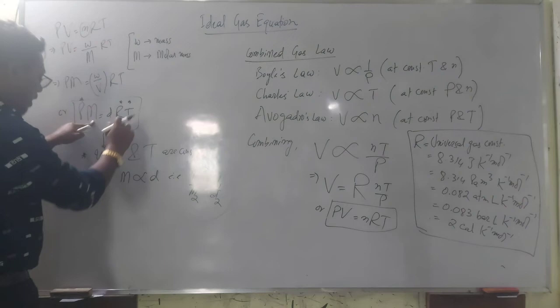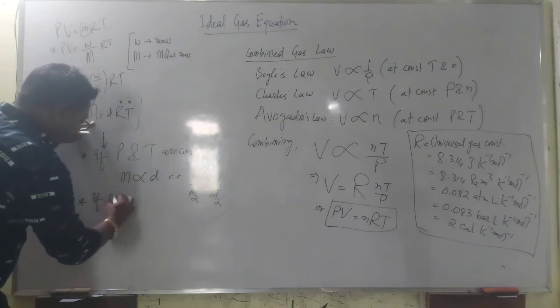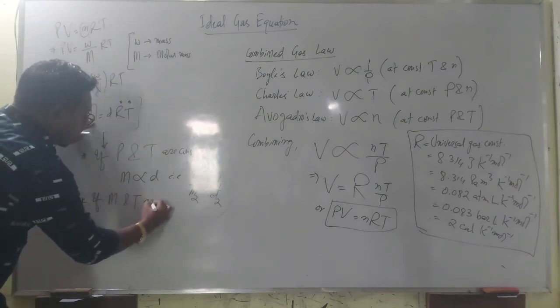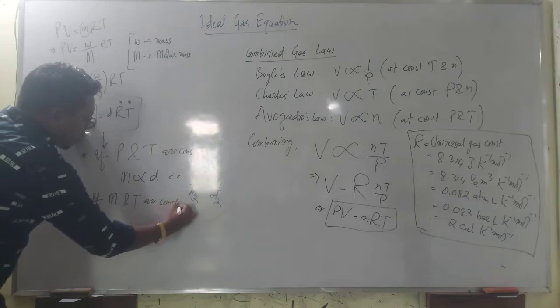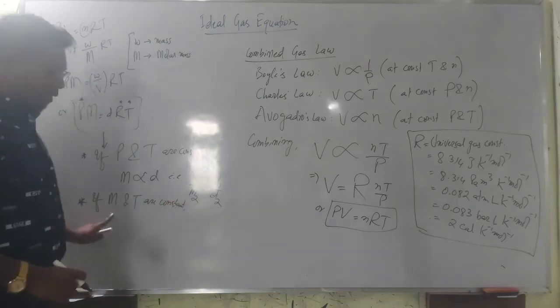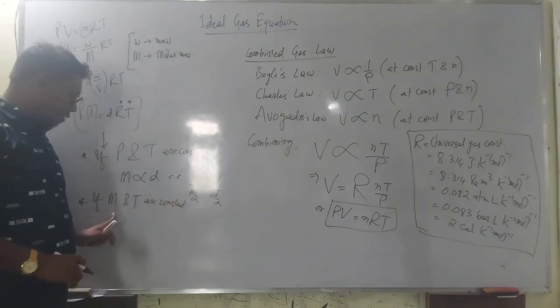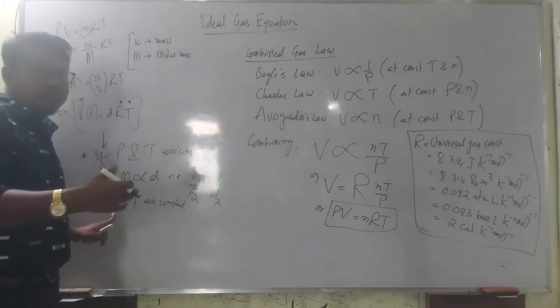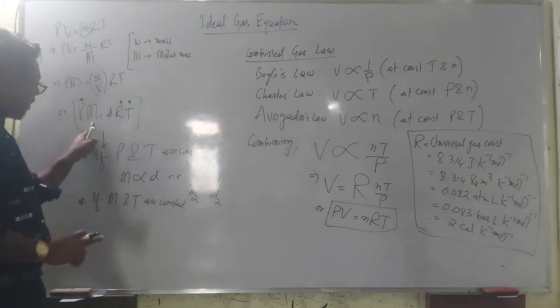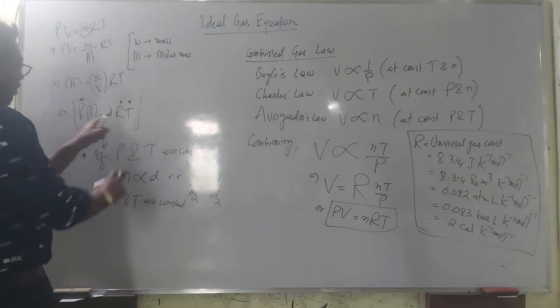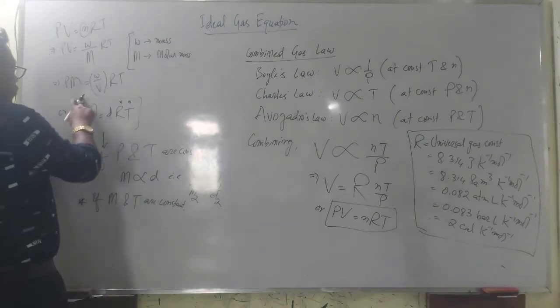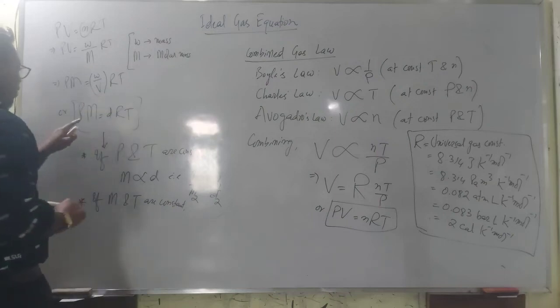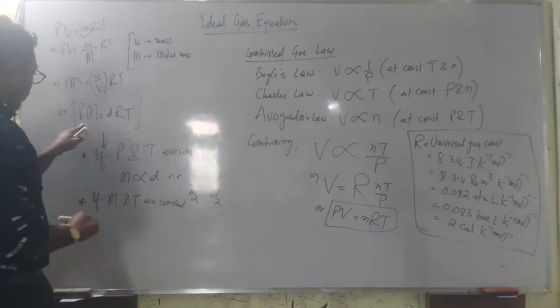So M and T are constant. Again remember, M constant means I am dealing with the same gas, right? So if M and T are constant, R is also constant.